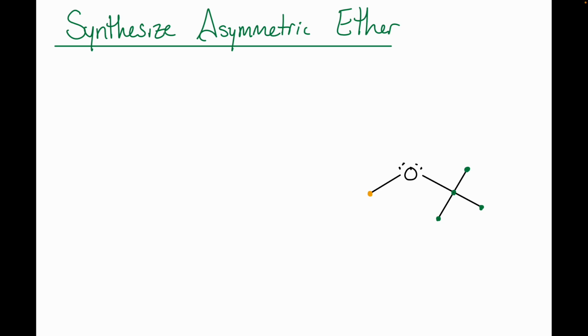Now, in theory, there could be two combinations of reagents that we could use. We could use methanol, a methyl alcohol, treat that with sodium hydride, and then add in that tert-butyl bromide.